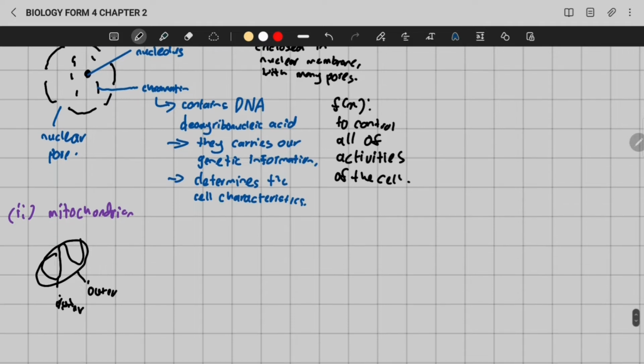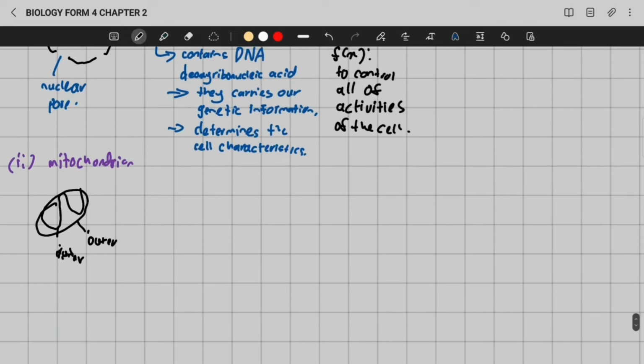We'll learn more in the chapter on cell respiration, in which you'll get to know about the matrix and the cristae. I will not explain it here to avoid confusing you. So from here you can see that it is rod shaped, and it has two layers of membrane.